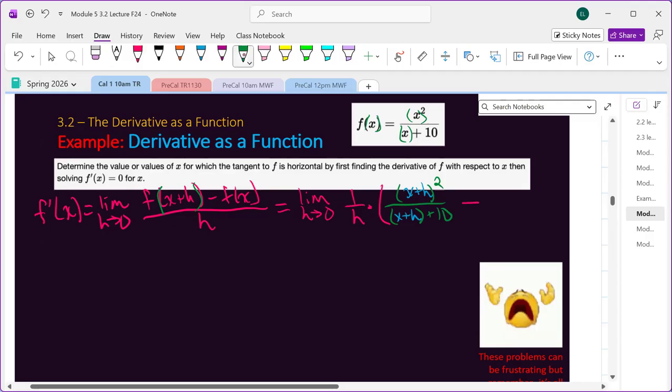Minus, and then I'm just going to write the function formula. Let's be careful. So that's substituting for the f of x plus h, minus, I'm going to substitute for f of x now, x squared over x plus 10.